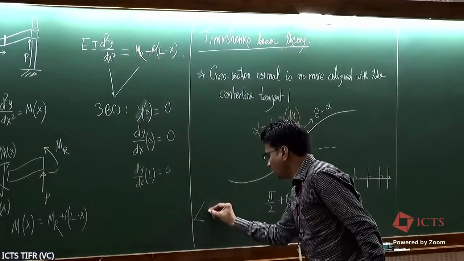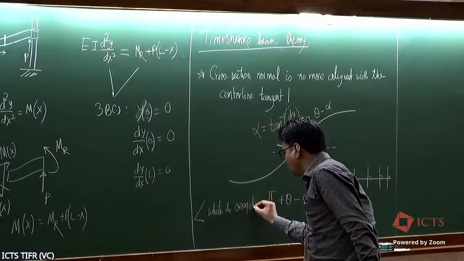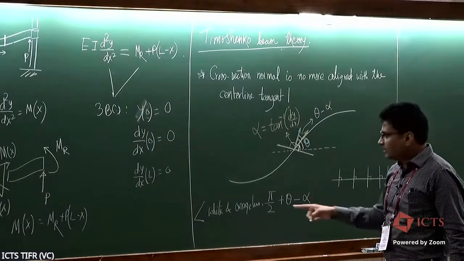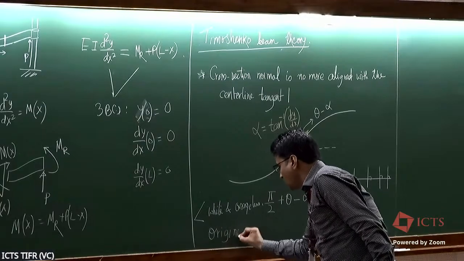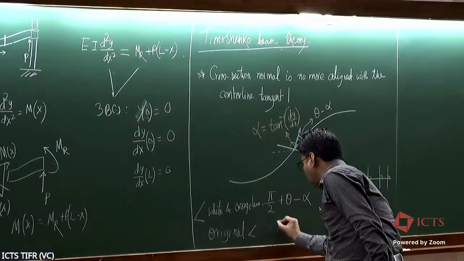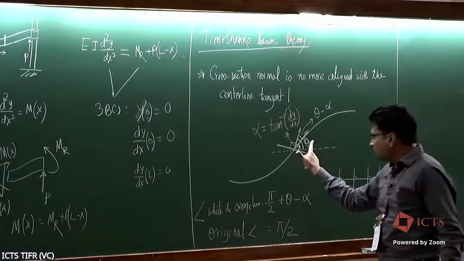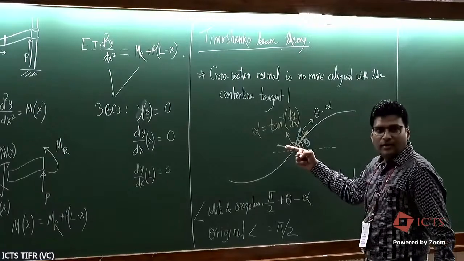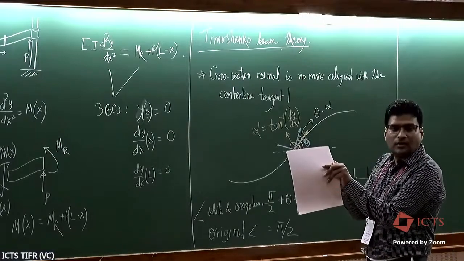That's the angle between the white and orange line, and the original angle between the same was pi by 2. So there are two material lines here, the centerline tangent and the cross-section line, and the angle between them has changed. Whenever there is a change in angle, it leads to shear.